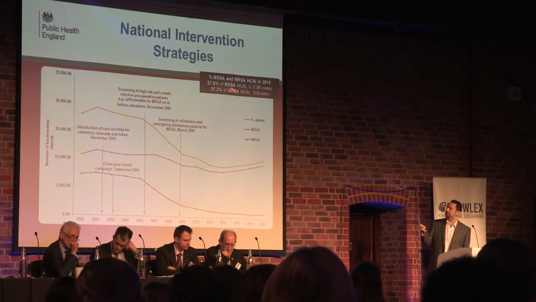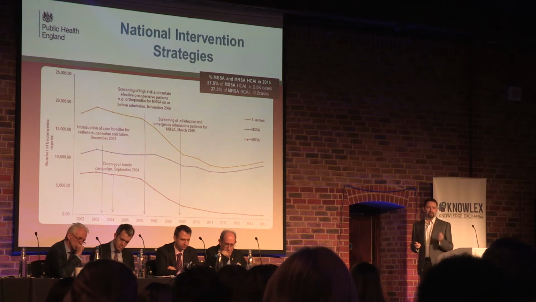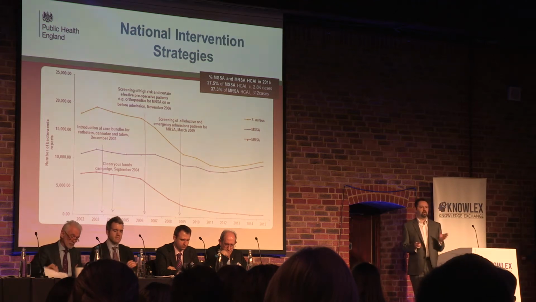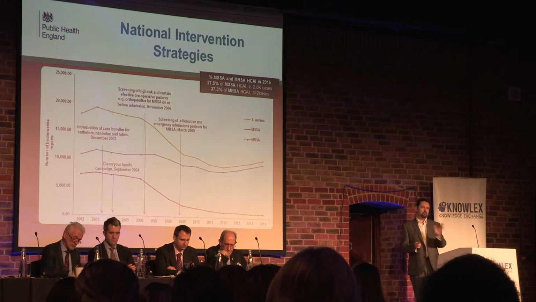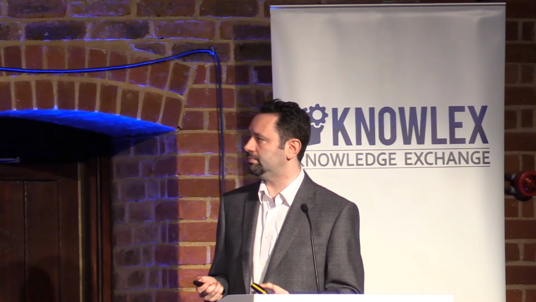Here also you can see that at the moment 37% of our MRSA are now what we consider healthcare associated. So this is manifesting after 48 hours of the patient being in hospital. Previously that would have been much higher.